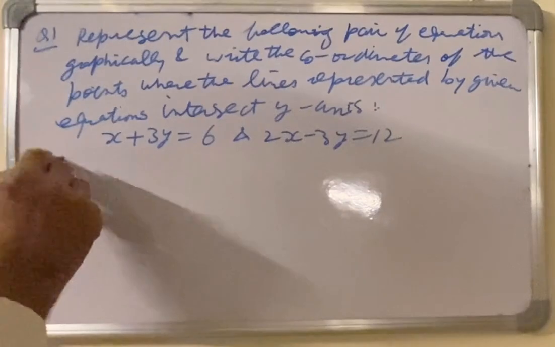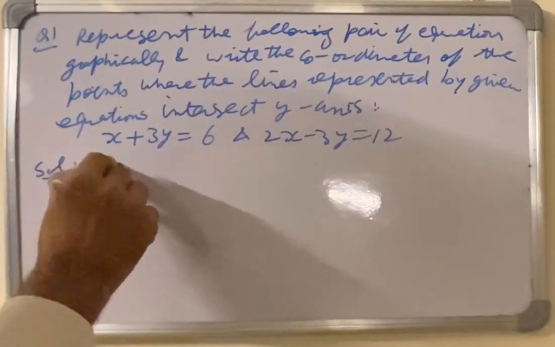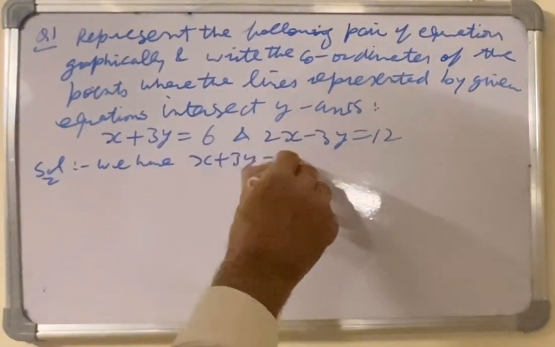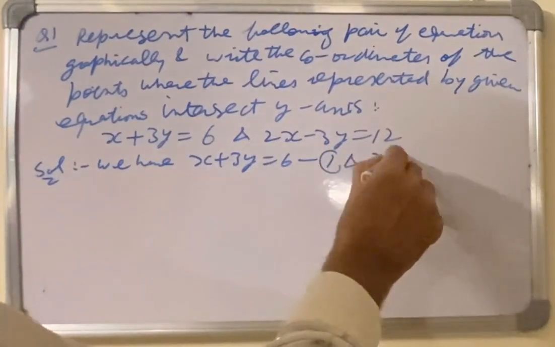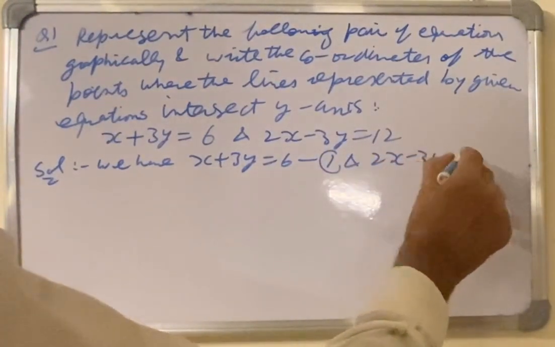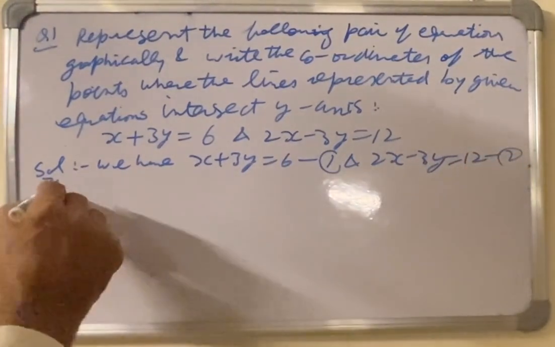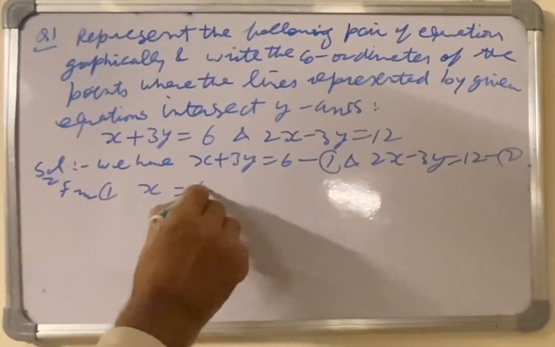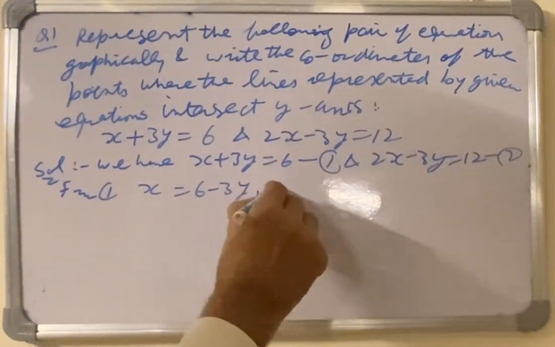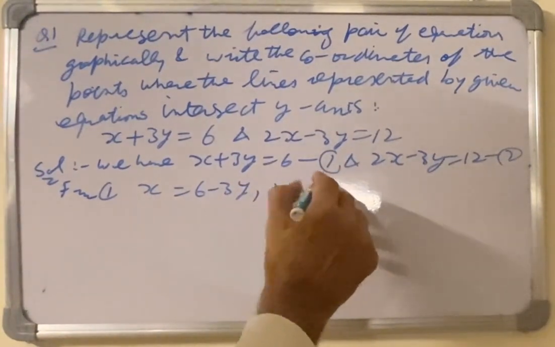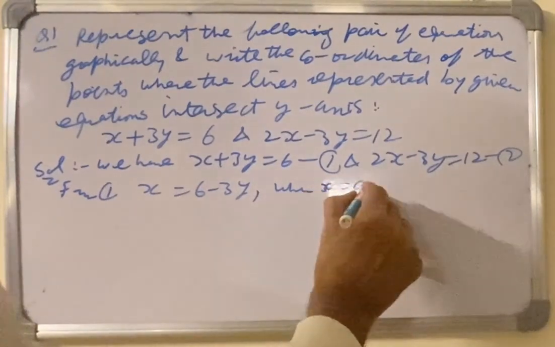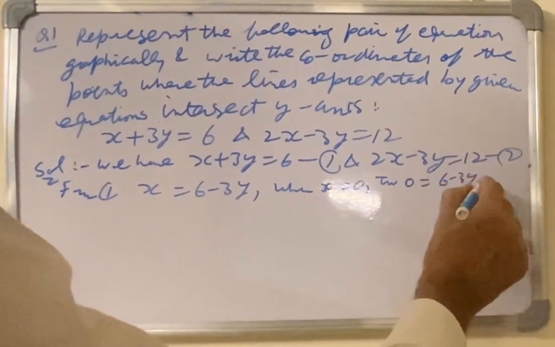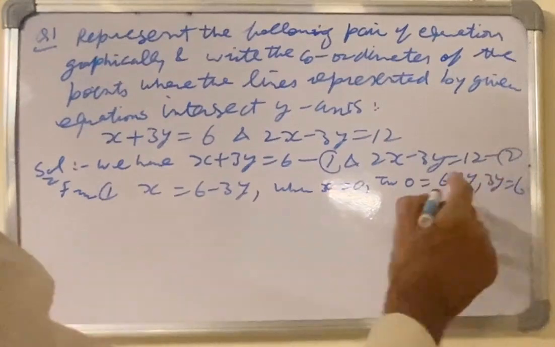Solution: we have given equations x plus 3y is equal to 6, this is the first equation, and 2x minus 3y is equal to 12, this is the second equation. From first, x is equal to 6 minus 3y. When x is 0, then 0 is equal to 6 minus 3y. 3y is equal to 6.